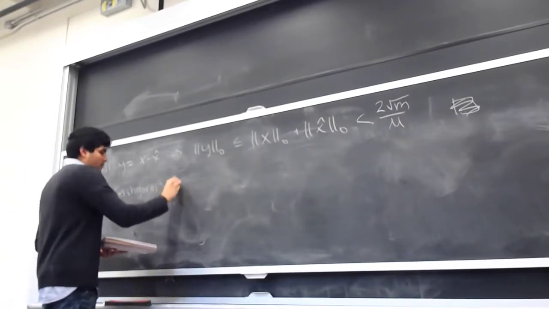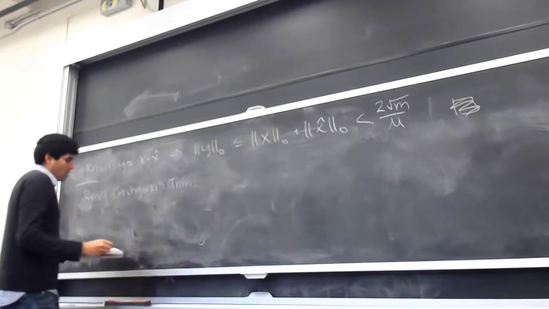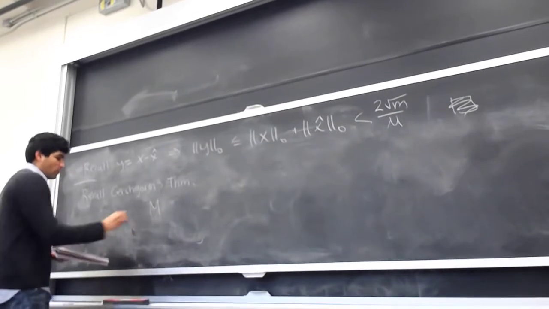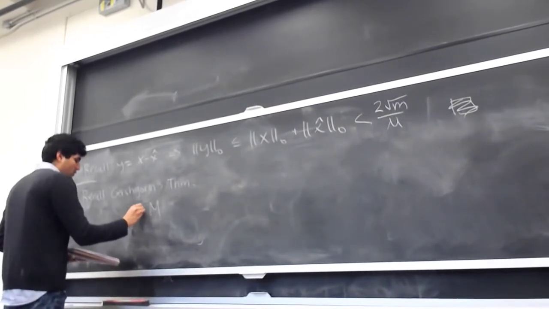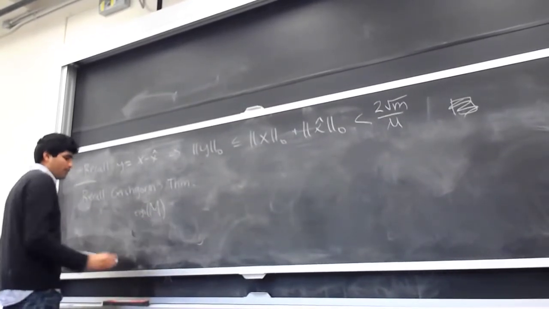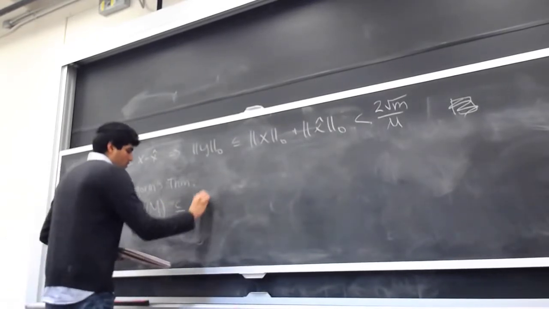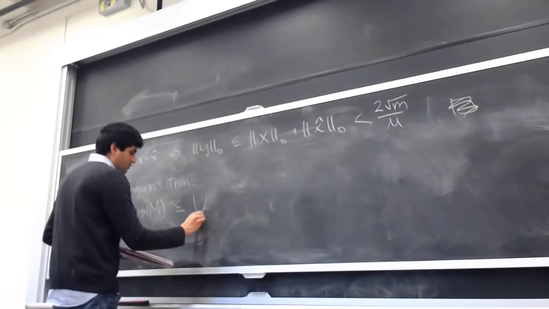Gershgorin's theorem, which we proved, was what we do is we take a matrix M, and what we said was that the eigenvalues of M are themselves contained in the union of some disks.